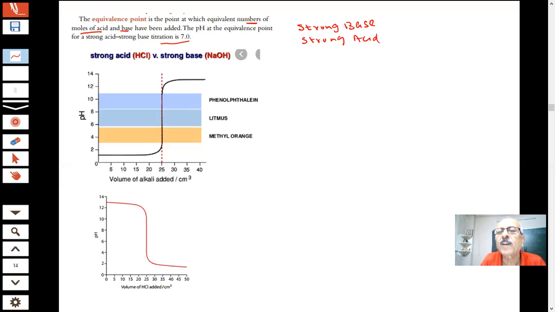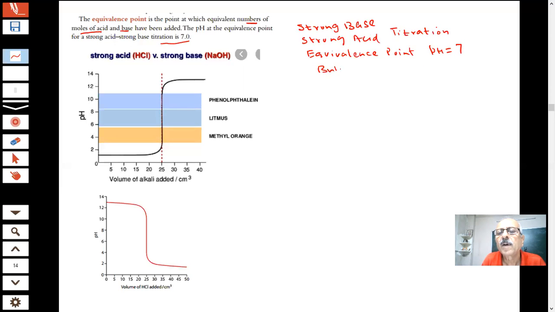What we are saying for strong base and strong acid titration at the equivalence point, what is the pH? 7.